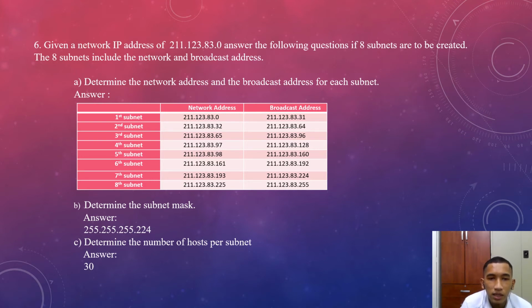B: determine the subnet mask. The answer is 255.255.255.224. C: determine the number of hosts per subnet, and the answer is 30.